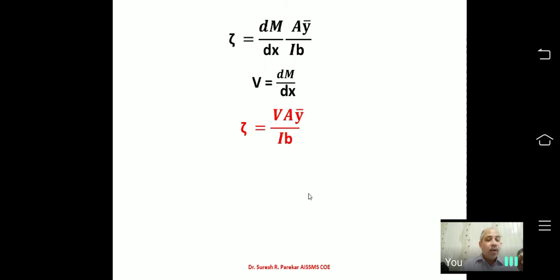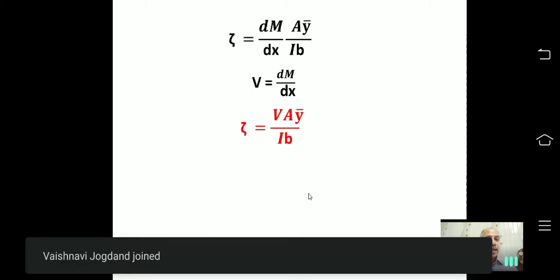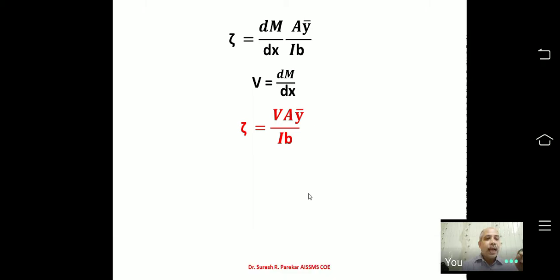So at the topmost and bottommost fiber tau is 0, and at the neutral axis we have maximum shear stress, because for A y bar we have the whole area above the neutral axis, which is maximum, and therefore my tau is maximum at the neutral axis and 0 at top and bottom.